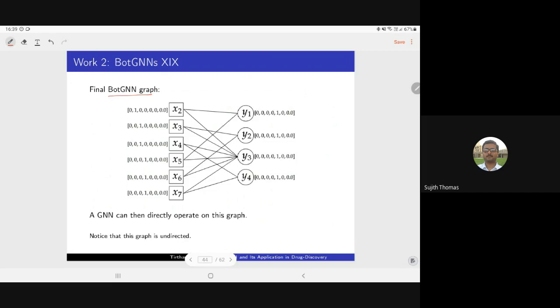The second important reason is that the undirected version allows easy exchange of information among nodes in the graph. Although it's a bipartite graph, where it may seem easy, it allows quick travel of information, for instance, from this particular node to say X7 and so on. We believe this will help us in our implementations.